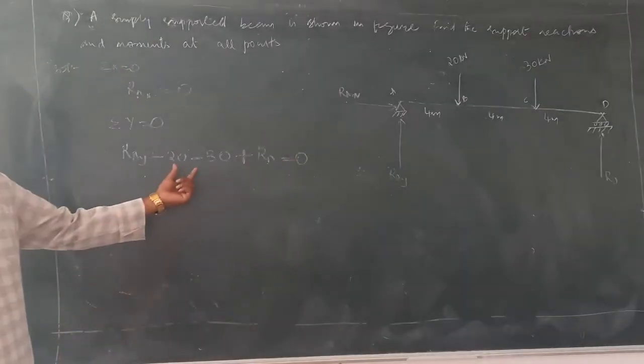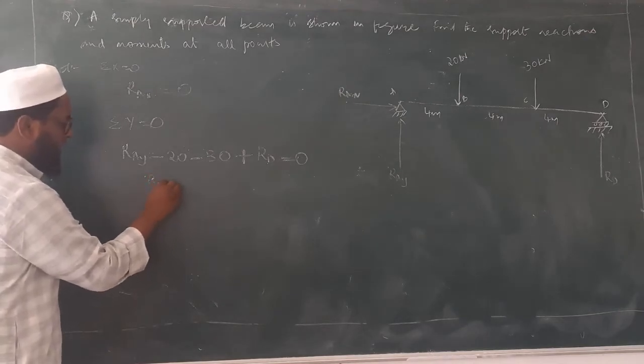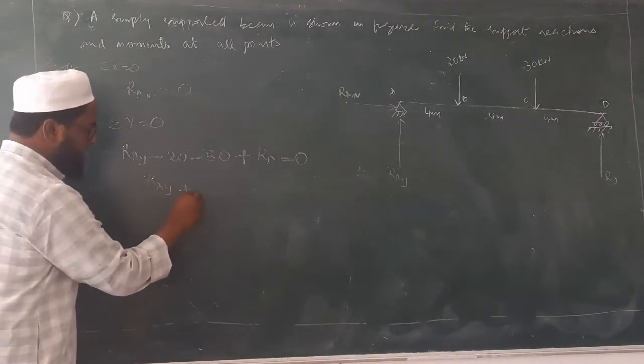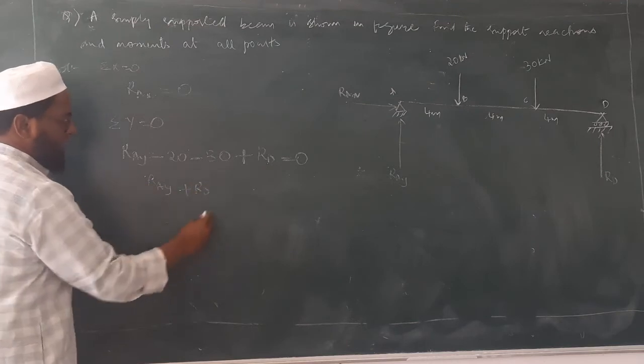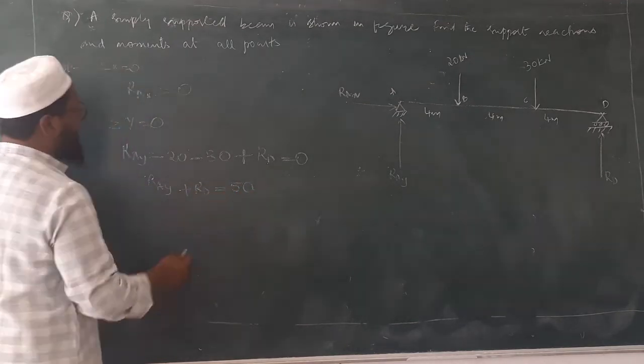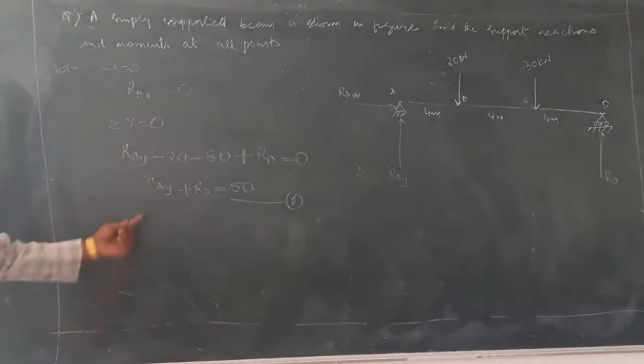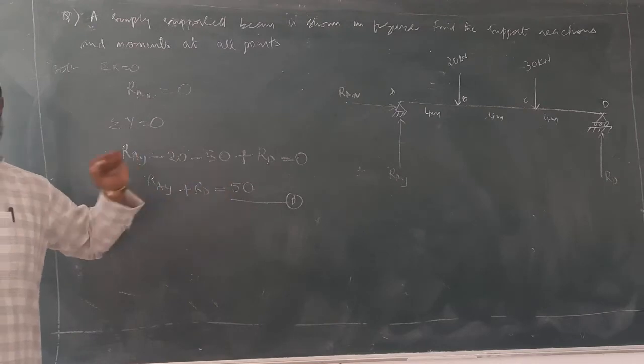So can you solve this one? RAY plus RD is equal to 50. We can name this equation as equation number 1. Now RAY plus RD is equal to 50.